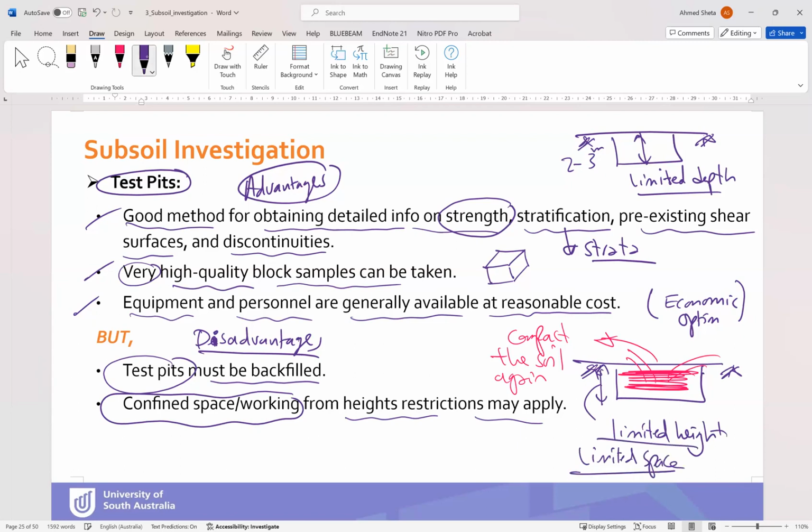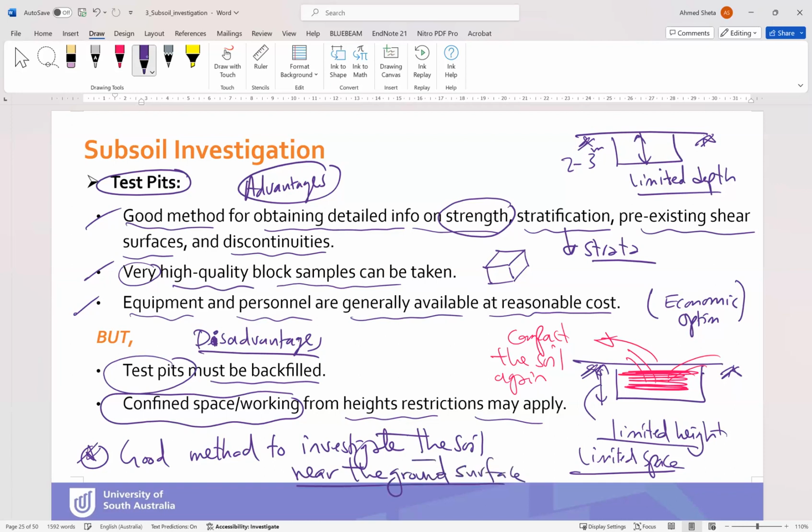So these are all disadvantages of the method, but it is a good method to investigate the soil near the ground surface.